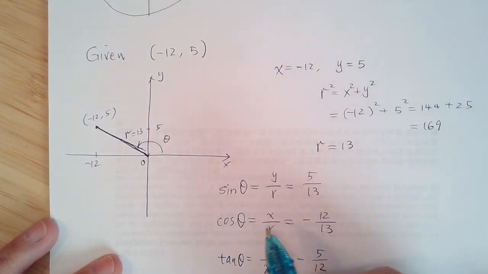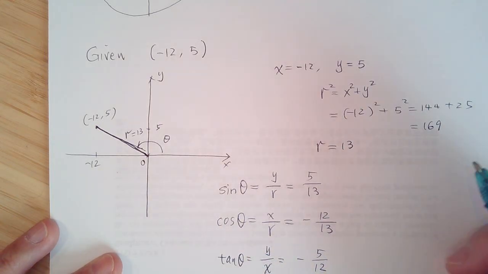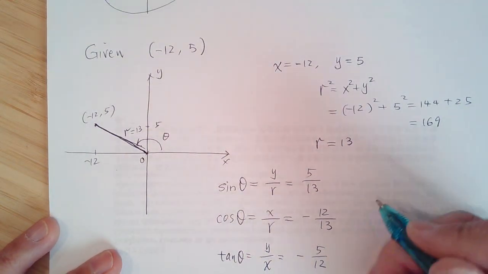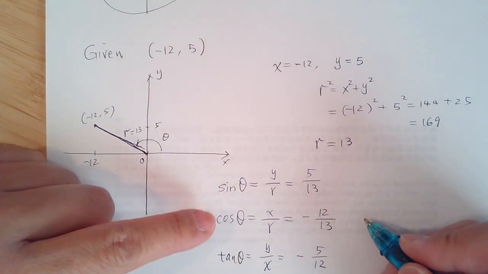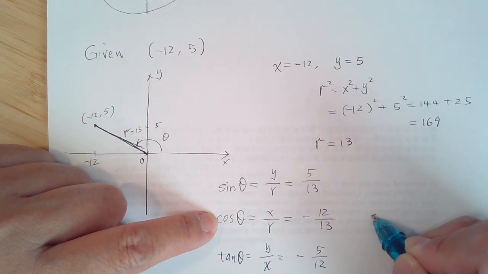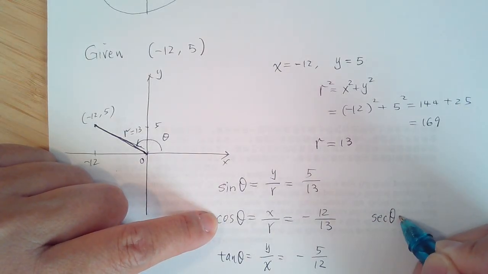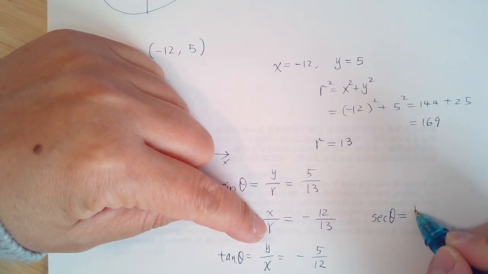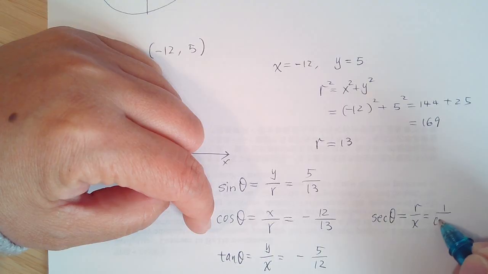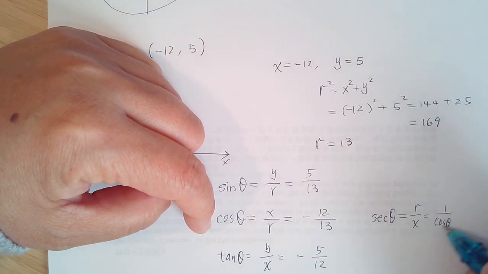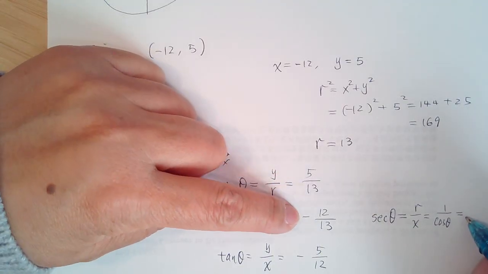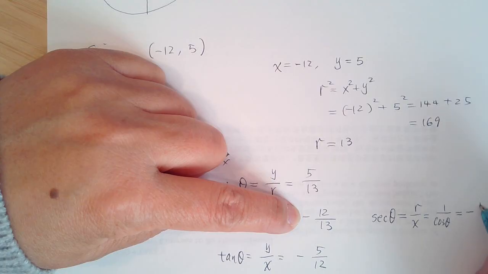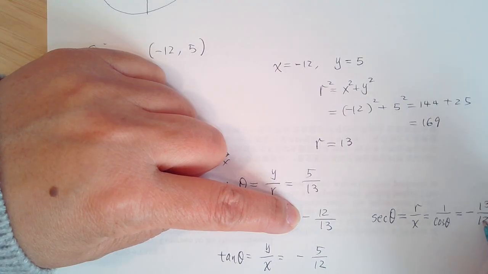Okay, and if we take the reciprocal of these 3, I get 3 more trigonometric function values. The reciprocal of cosine is secant theta. You can either go secant theta is r over x, or 1 over cosine theta. Same thing, doesn't matter which way you remember that. It's just the reciprocal of this number, so it's negative 13 over 12.